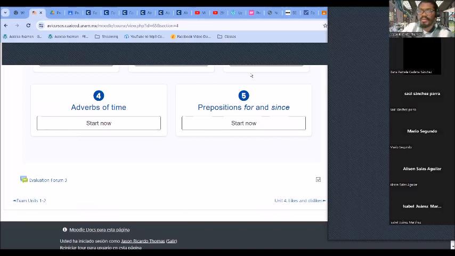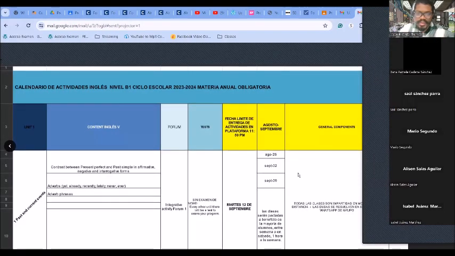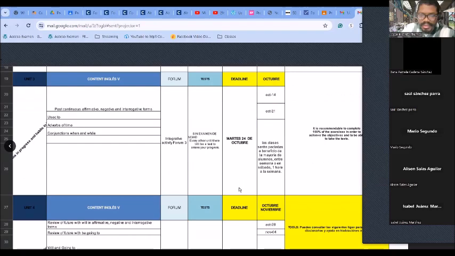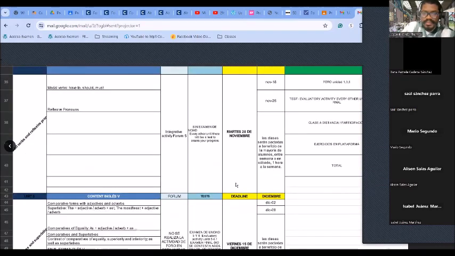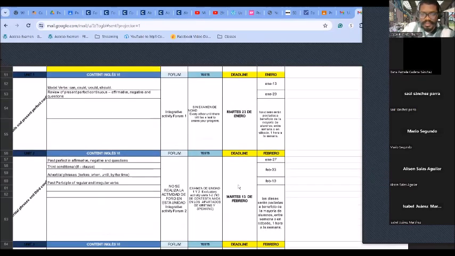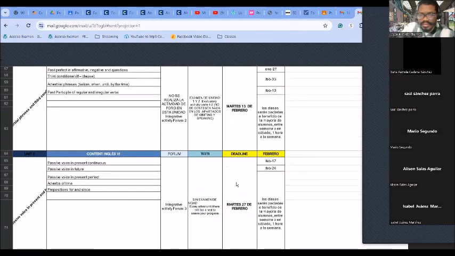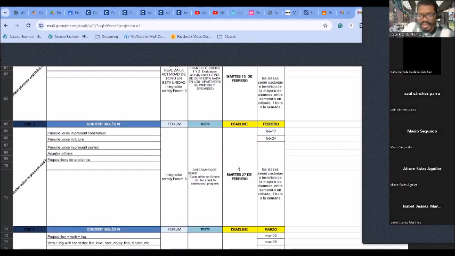Remember, when it comes to the forum activities, the deadline you're working with for this unit is Tuesday. All right. So try to get everything that you can get done today and tomorrow, so you don't risk anything. And the deadline is the 27th.